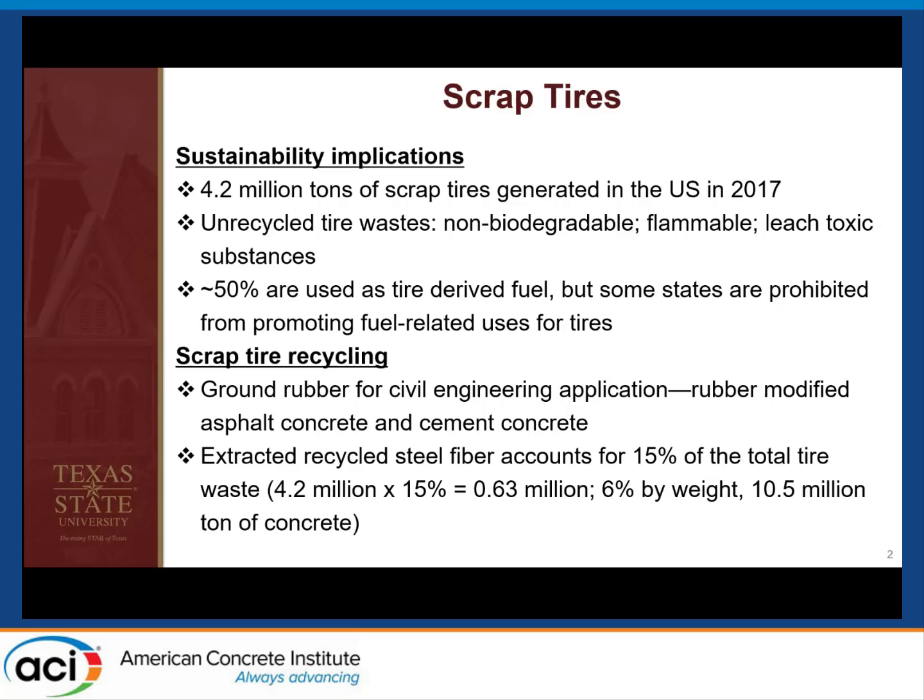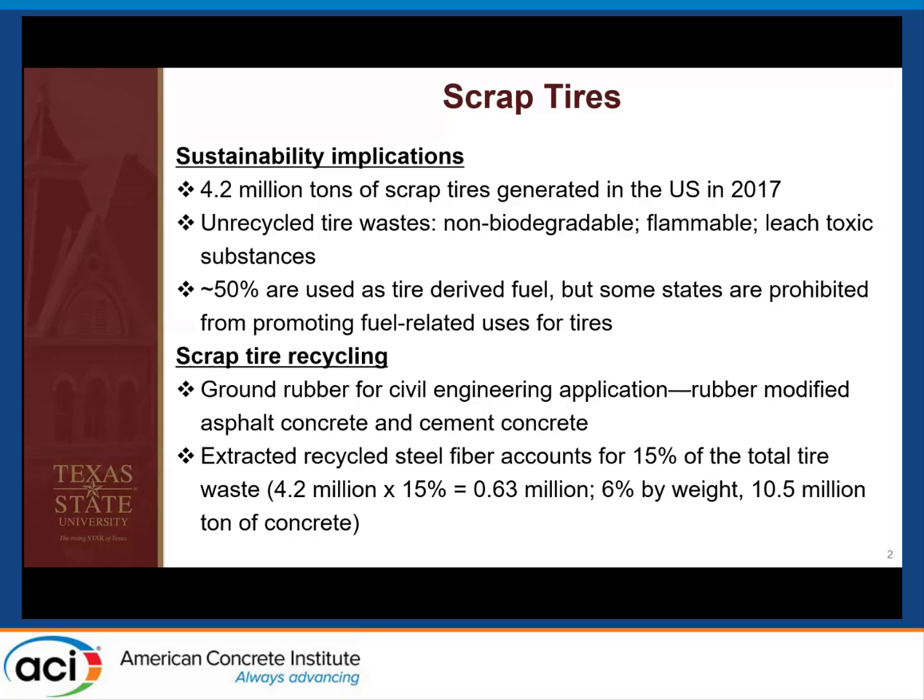For example, we all know ground rubber has been successfully used for civil engineering applications. For example, in pavement engineering, we have been using rubber modified asphalt concrete and rubber modified cement concrete for building quieter and more sustainable roads. And during the production of recycled rubber, the recycled steel fiber can be extracted.